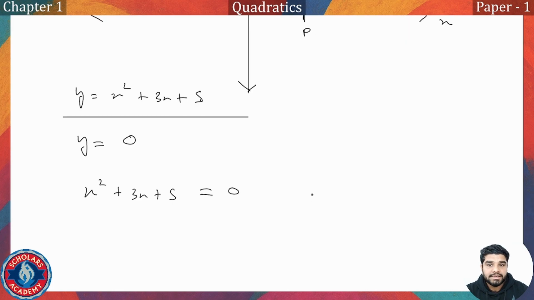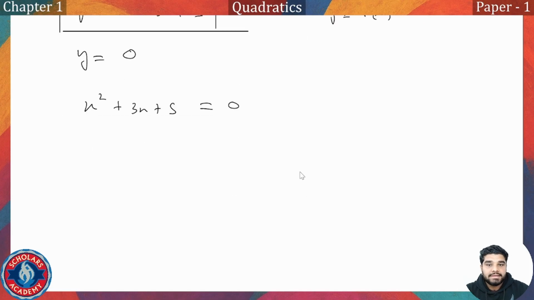We are taking a quadratic equation, a function where y is equal to f of x, and we were finding those points of x when y is 0. But now there is a slight change.